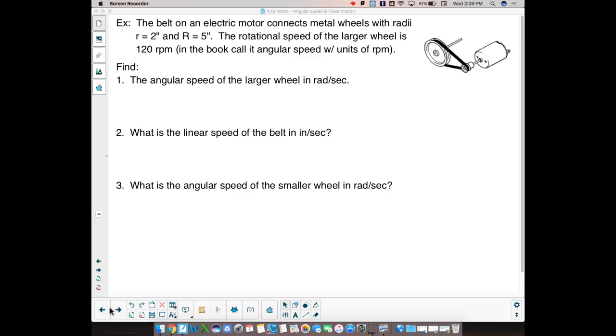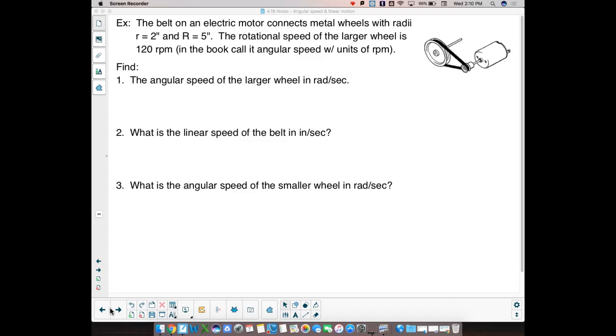Fantastic. All right, so tweaking a little bit today. Today we're going to deal with 2 circular objects that are being driven by a chain, like on a bike, or a belt on a motor, or a rope on, like if you think back, there's some old-fashioned setups where people have a second floor window, they've got a couple of pulleys and a clothesline that goes outside.